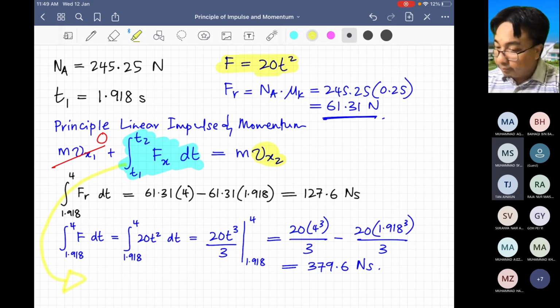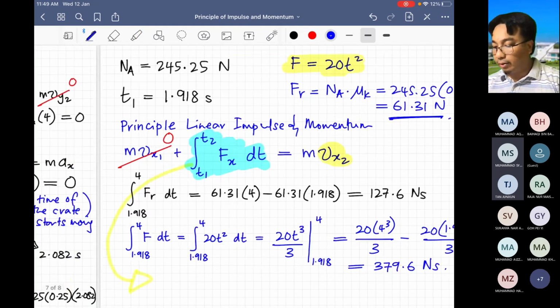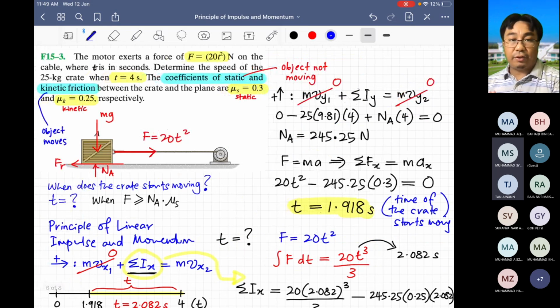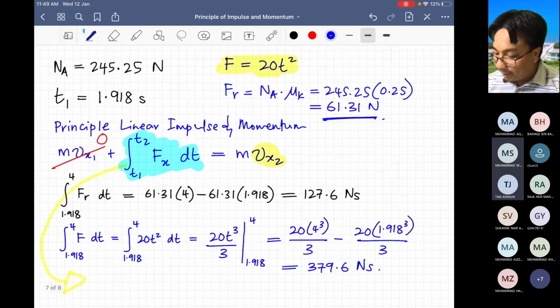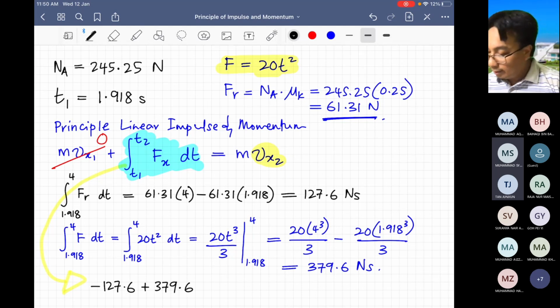So from here, kita akan dapat friction is negative sebab kalau you tengok free body diagram ini, friction ke kiri, the 20t square ke kanan. So friction ke kiri dia akan jadi minus 127.6 plus 379.6, sama dengan M Vx2.